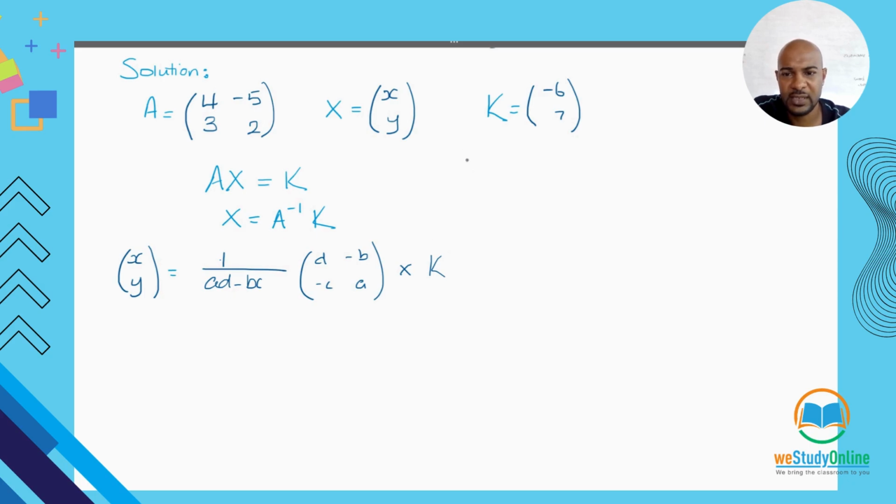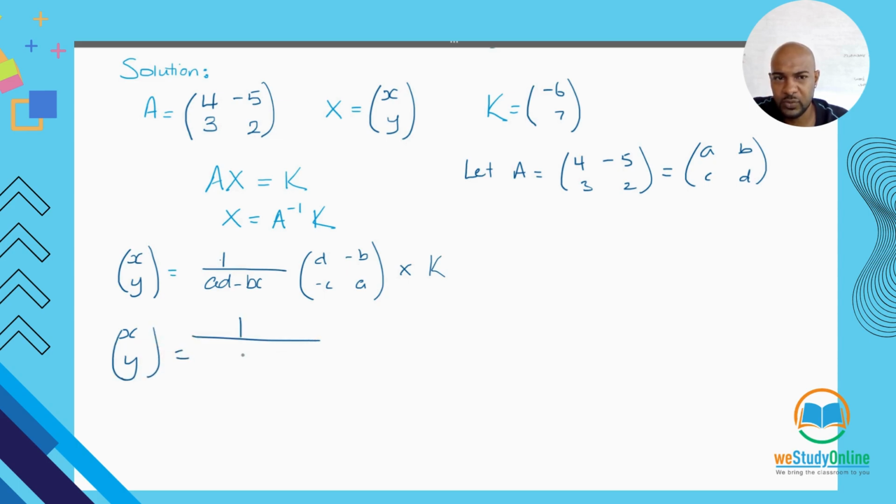So we could say here, let A be our matrix, which is equal to A, B, C, and D. So we could easily look here and see what values we're going to be plugging in.